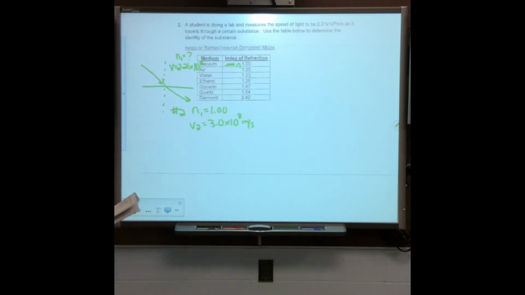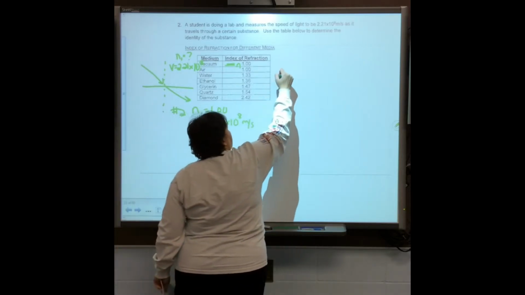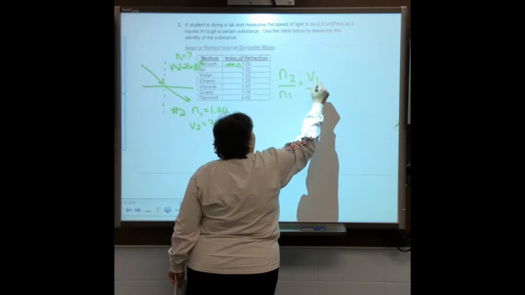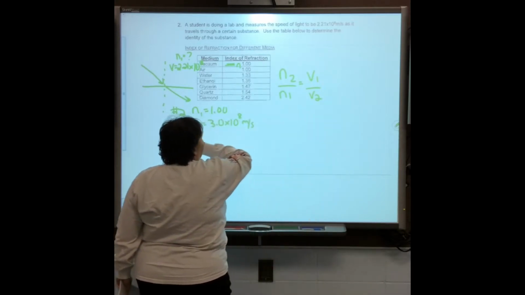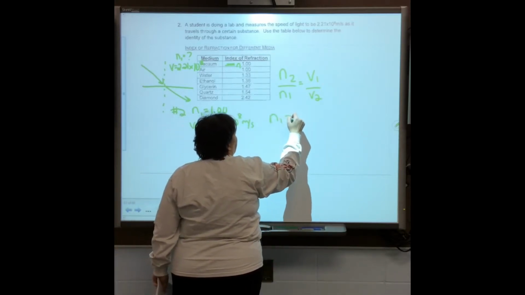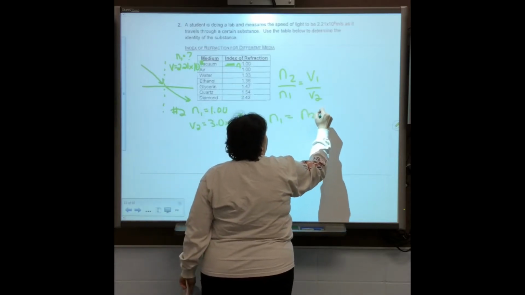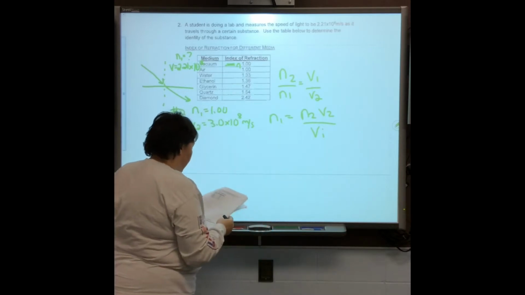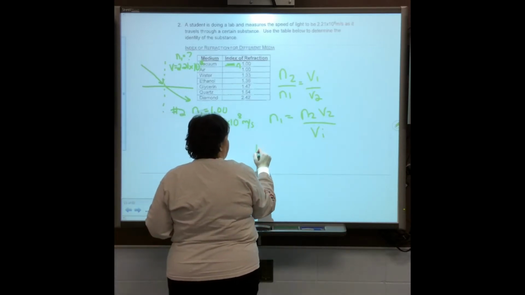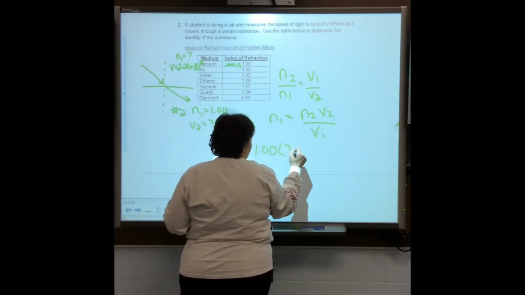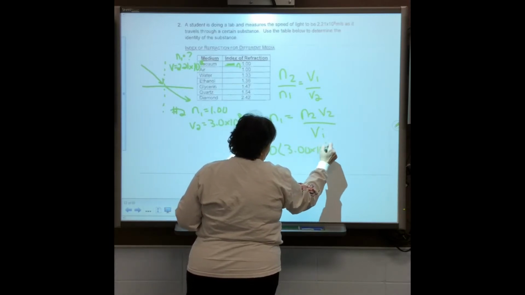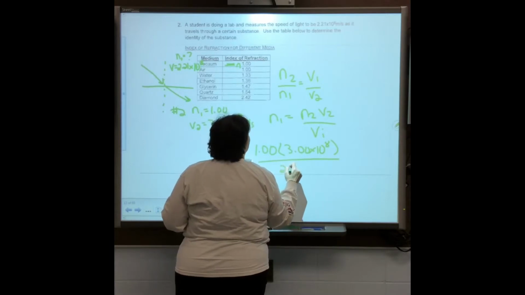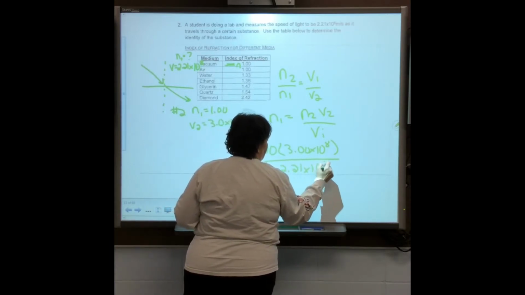Okay? And so then we're looking at this relationship. N2 over N1 is equal to V1 over V2, and we're solving for N1. So it's N2 V2 over V1, divided by 21 times 10 to the 8th.